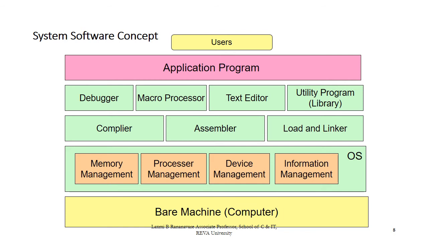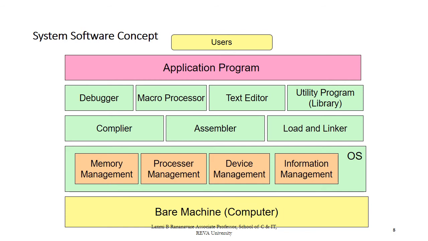Input devices, output devices, all the peripheral devices are managed by the operating system. Then you have the information management system, which consists of all the file systems in the computer. So operating system acts as a resource manager, and it manages 4 different kinds of resources: memory, processor, device, and information.